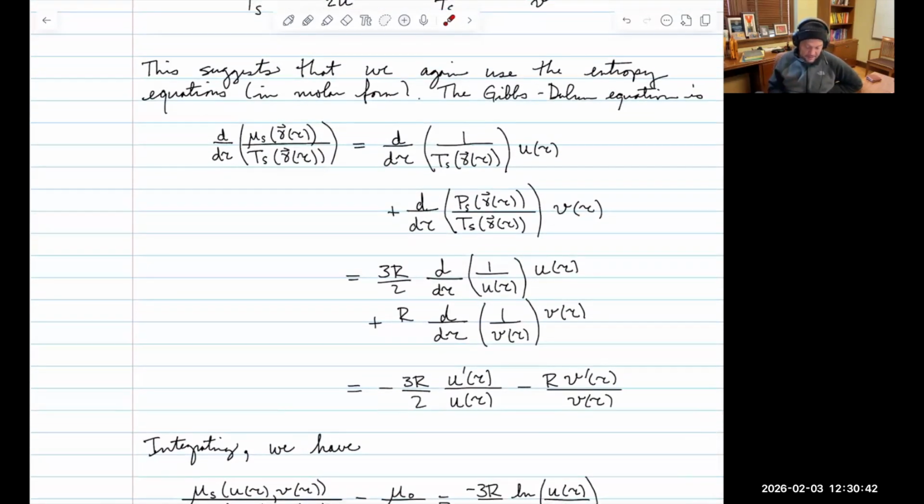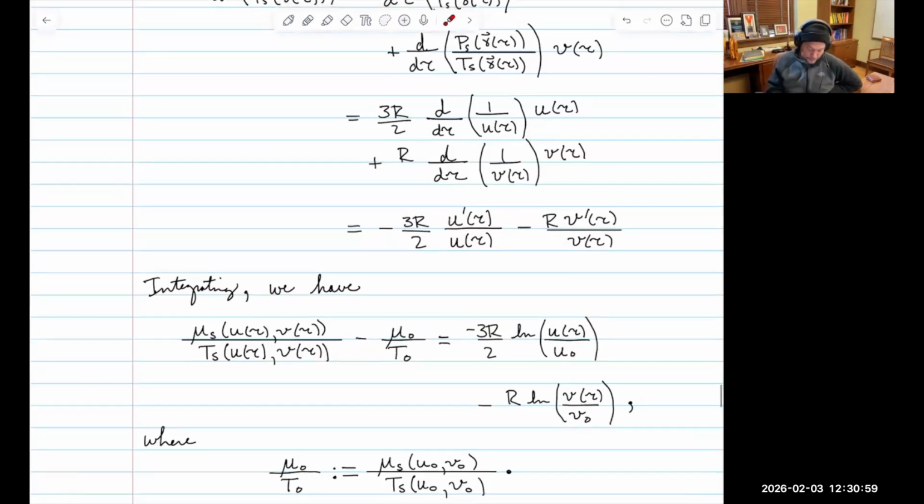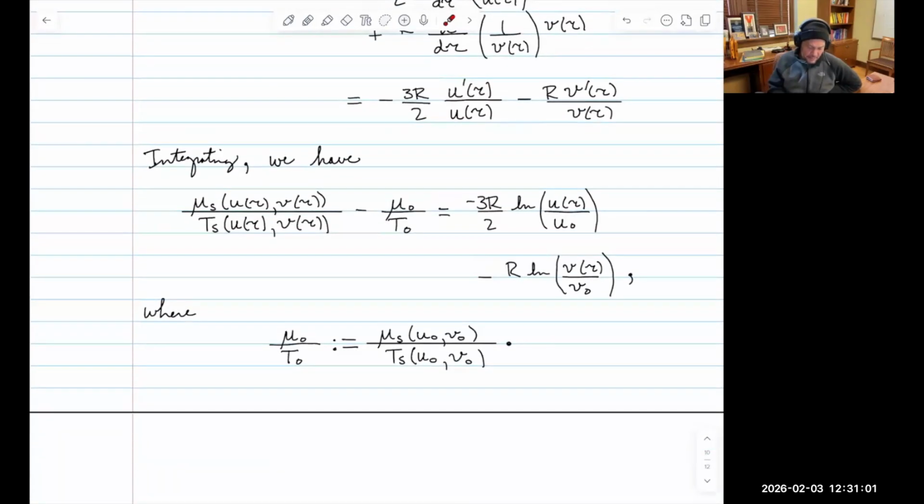We do get a constant of integration, in addition to those two constants that we just introduced. The constant of integration, I could call that an S naught, as I did before. I'm going to call it mu naught over T naught. I'm going to combine this with a few other variables in a moment. But in any case, when I integrate these perfect derivatives here, I get two log terms.